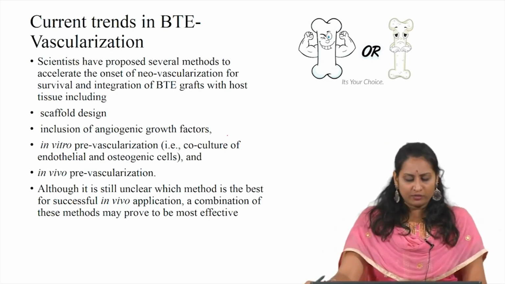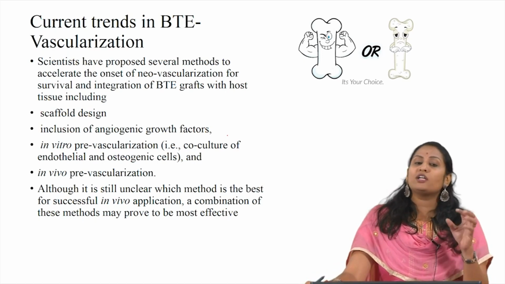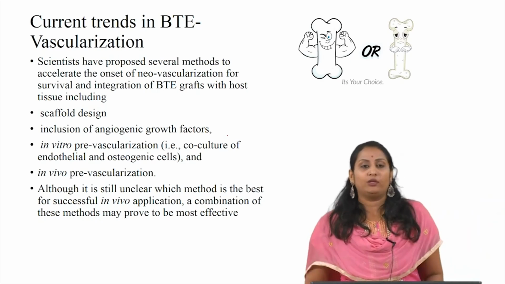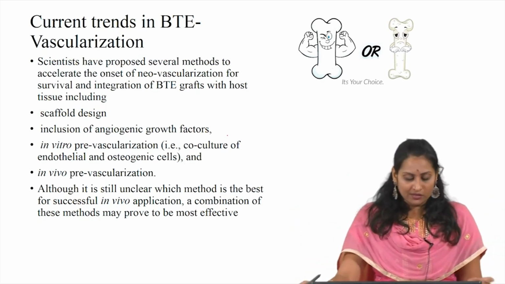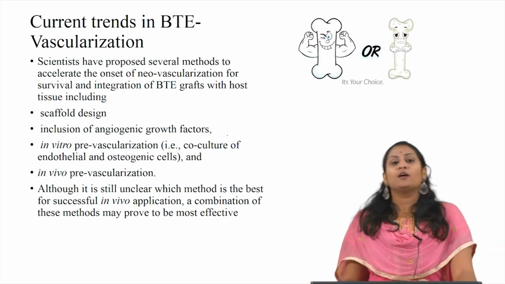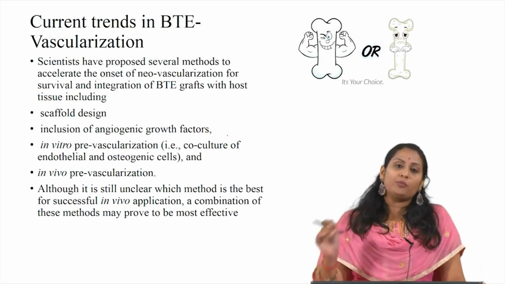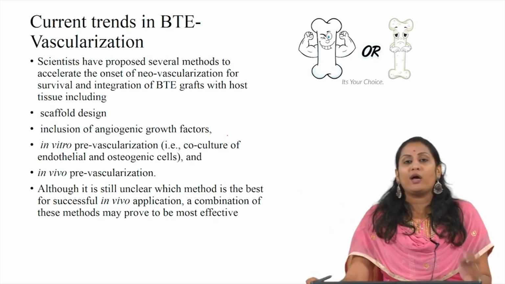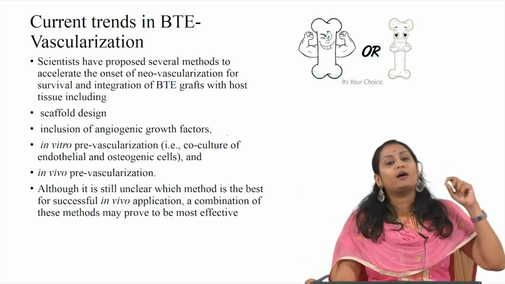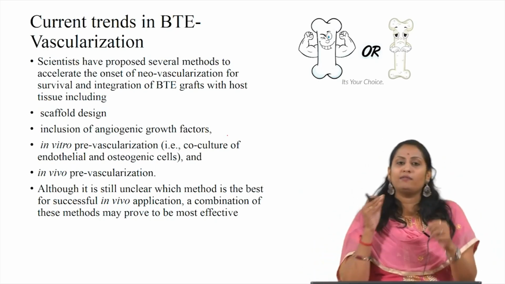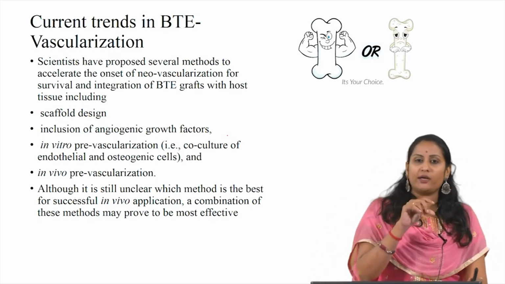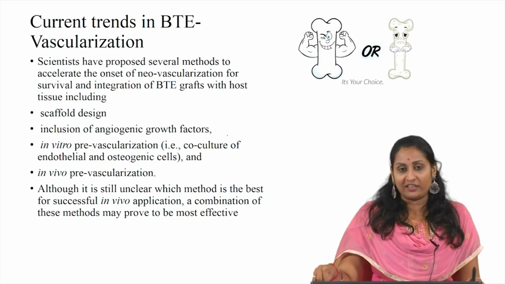In vitro pre-vascularization is nothing but co-culture of endothelial cells and osteogenic cells in vitro, and then we transfer into in vivo and check for the vascularization. In vivo pre-vascularization has two modes. In the first, we place the scaffold in a vascularized area, subcutaneously or in an intramuscular region.